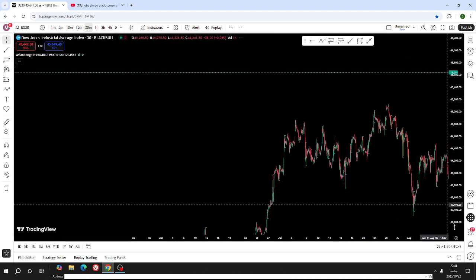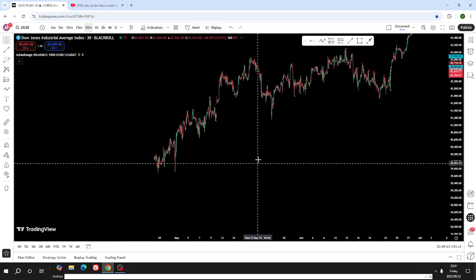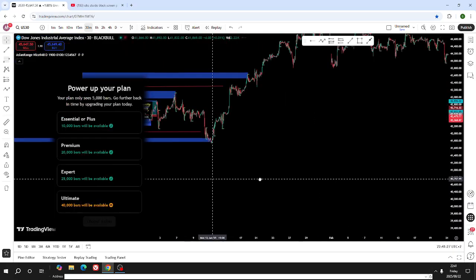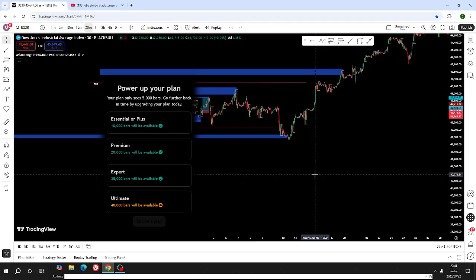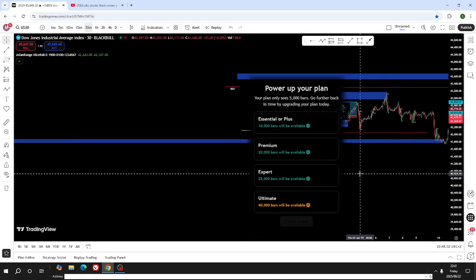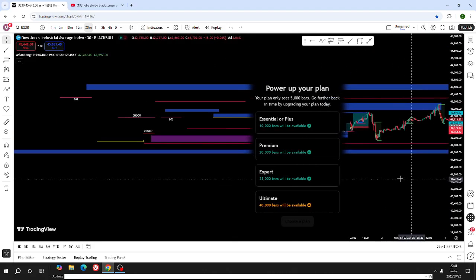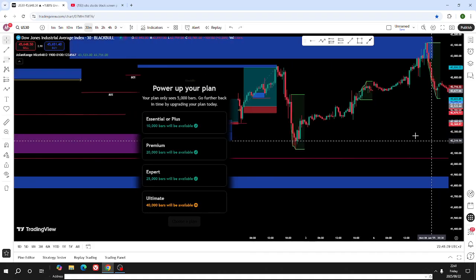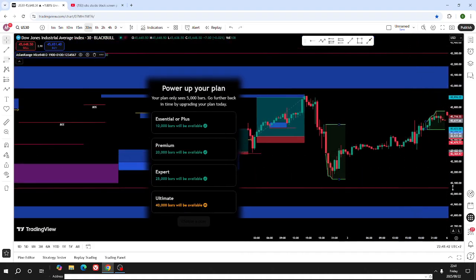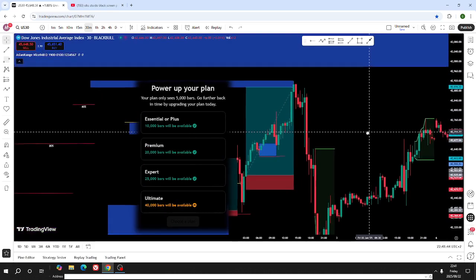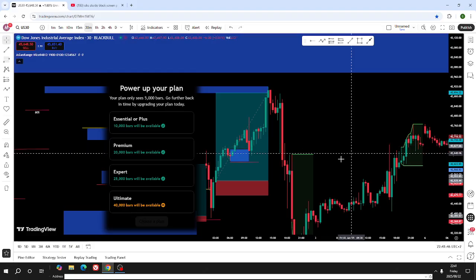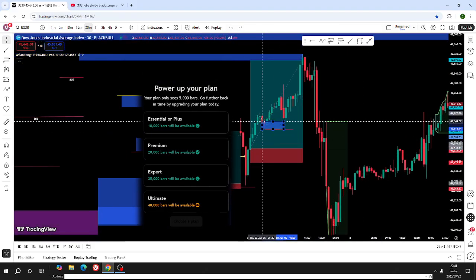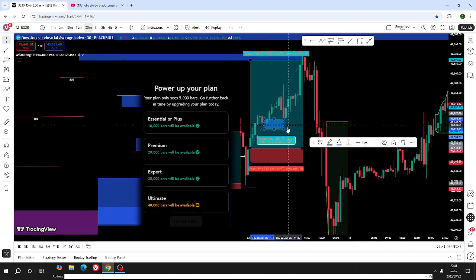Now, since we are on 30 minutes, let's go and confirm how the sell looks. Alright, so remember we saw this very beautiful order block on 1 hour.